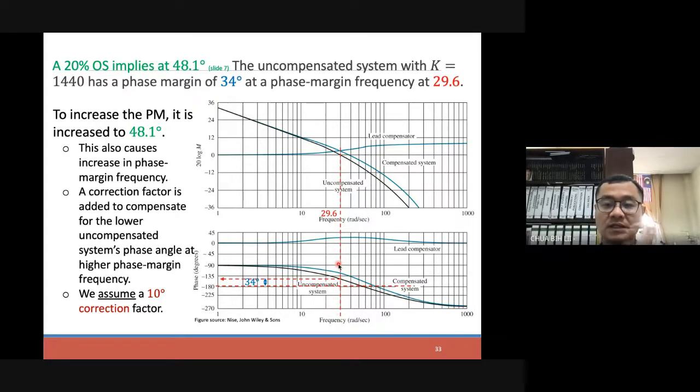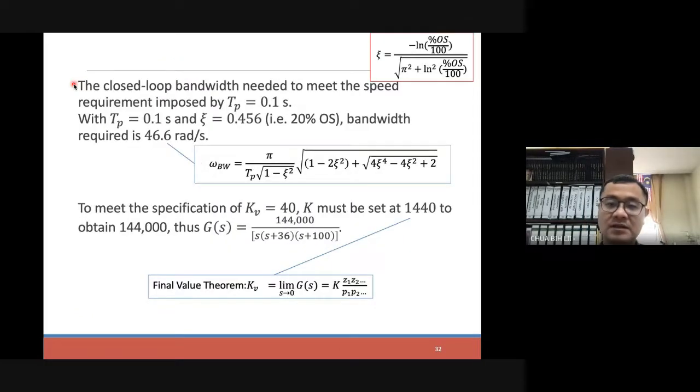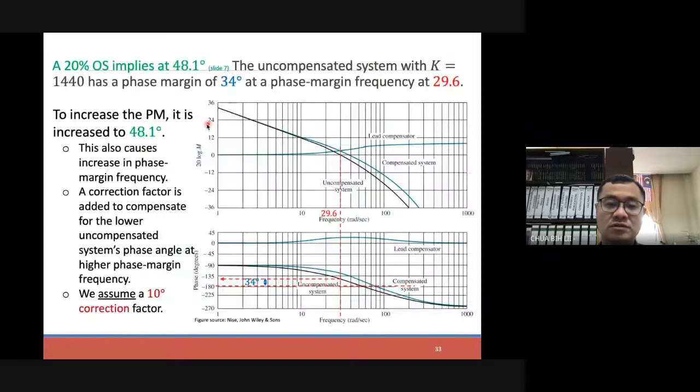What we need to do is figure out the additional phase margin to be increased. We see that it needs to be increased to 48.1, because of the overshoot percent and the damping ratio; it is equivalent to 48.1.